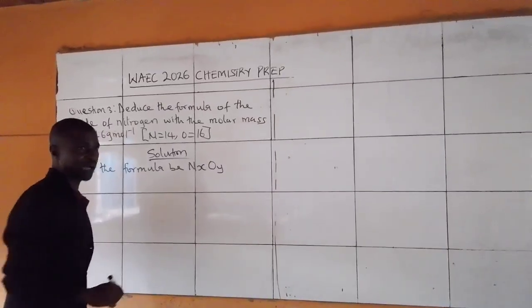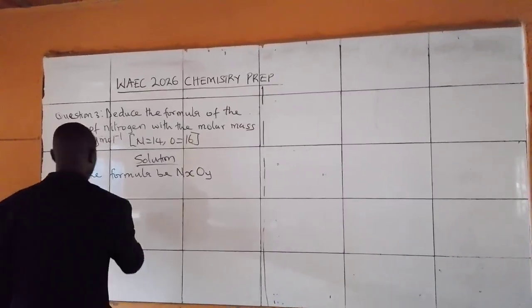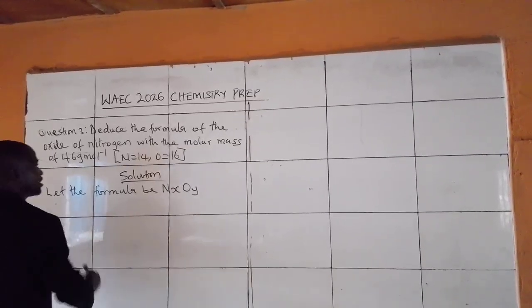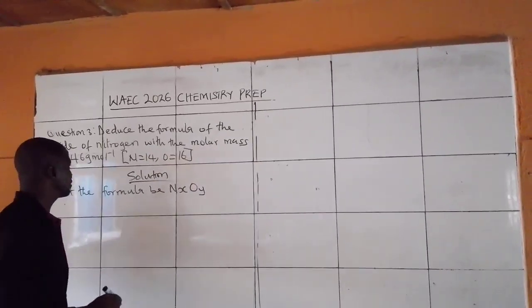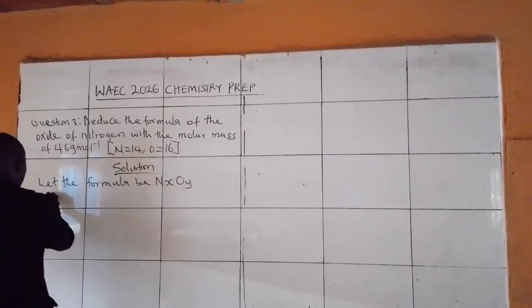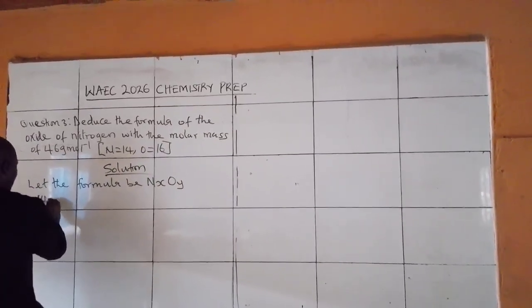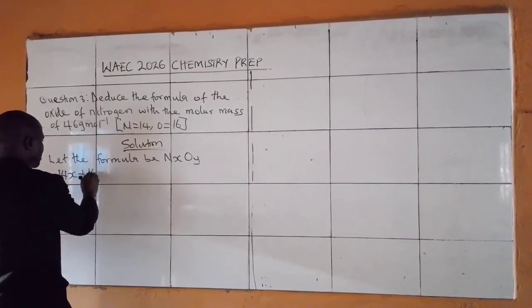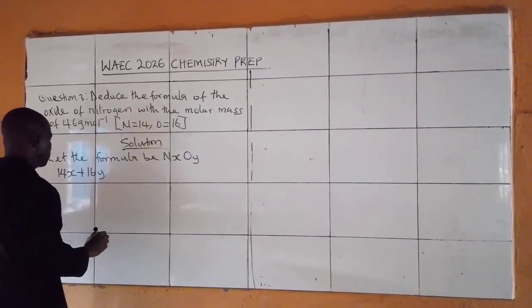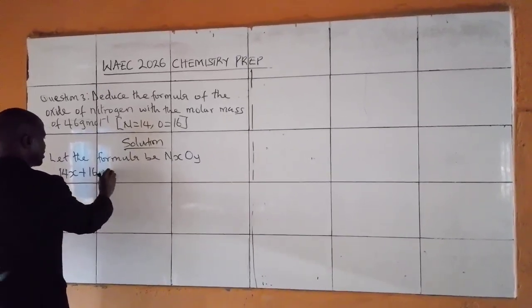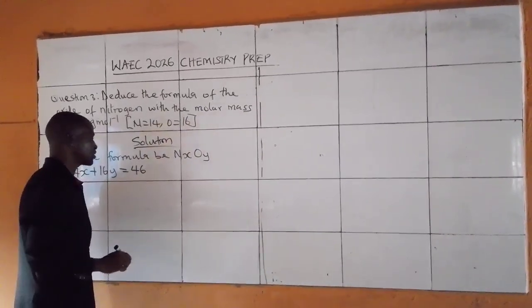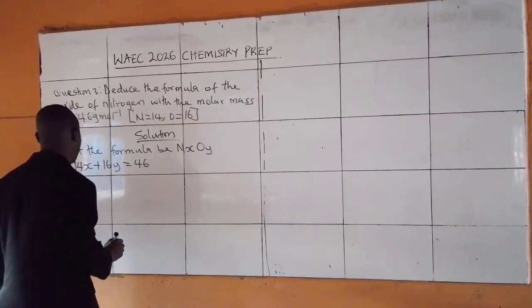Then we now write an equation. Because the atomic mass of nitrogen is 14, we have 14x plus 16y is equal to 46, because the molar mass is 46 gram per mole.